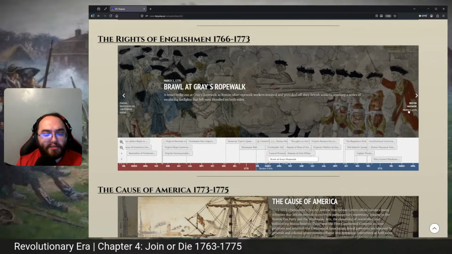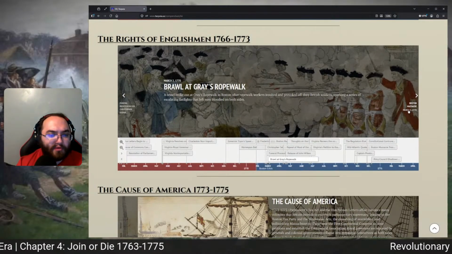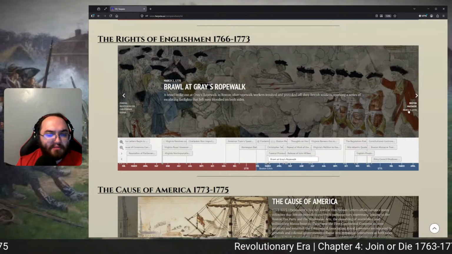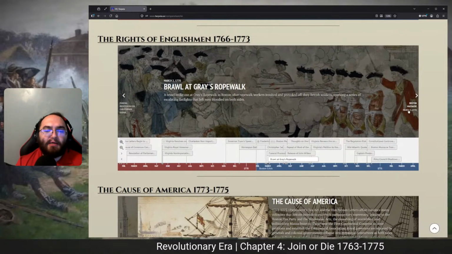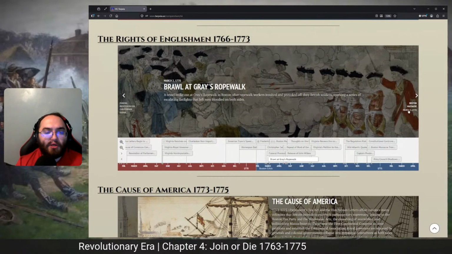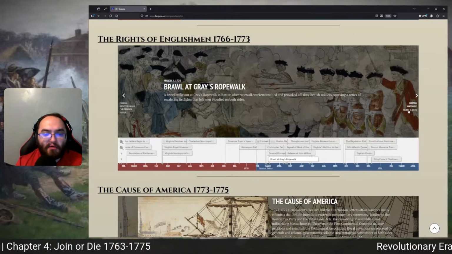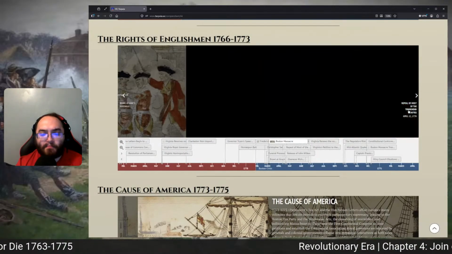Following the funeral procession, there is this brawl that happens in Boston between workers and off-duty British soldiers who were stationed in Boston to protect the commissioners' officers.